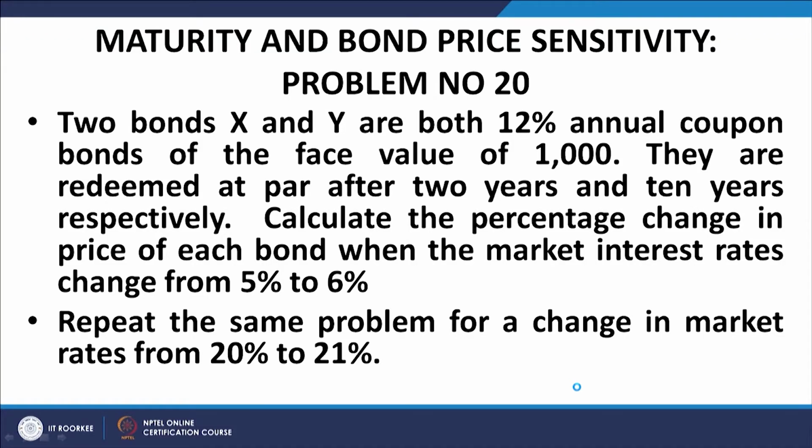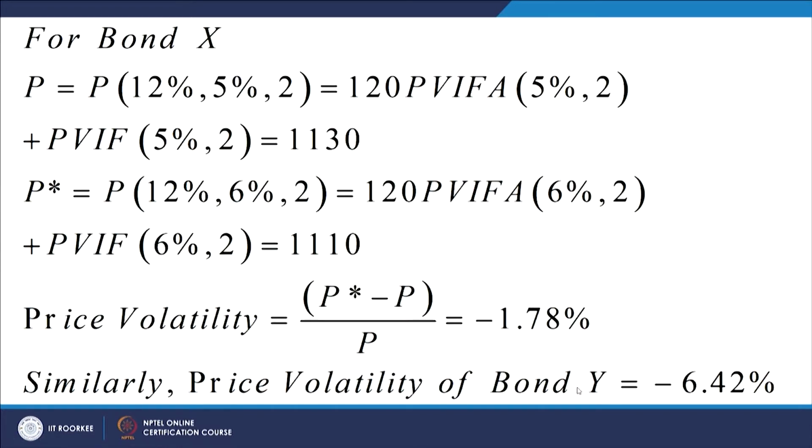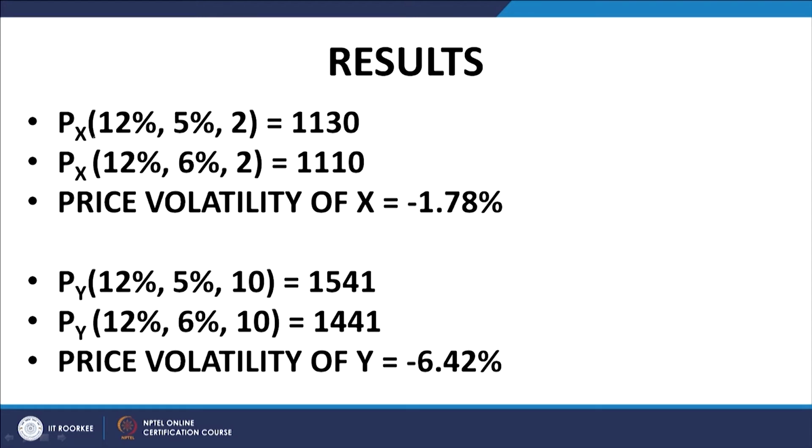A quick issue about maturity and bond price sensitivity. As you can see from these two examples, you have two bonds, X and Y. Bond X has a maturity of 2 years, bond Y has a maturity of 10 years, and if you look at that, the sensitivity of bond Y is far more than the sensitivity of bond X in terms of absolute value, showing that as maturity increases, the price volatility or price sensitivity of a bond also increases.